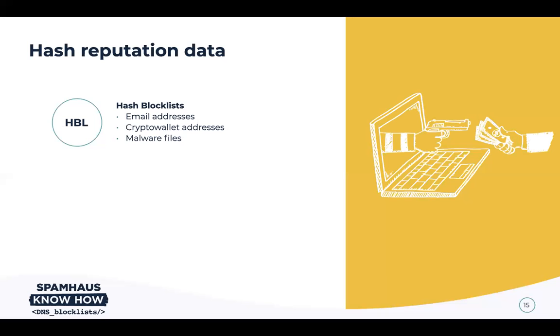The main point about those messages is that the sender can change very randomly, mostly because they often use compromised mailboxes owned by third parties in order to operate.